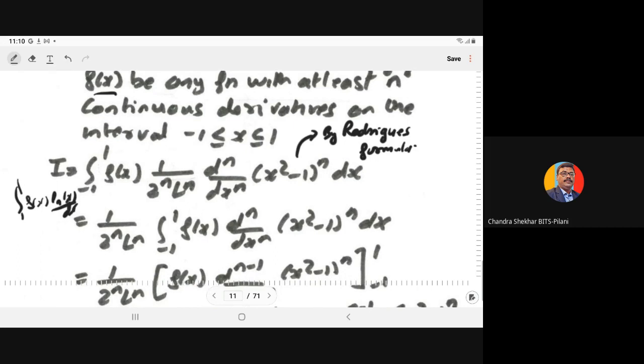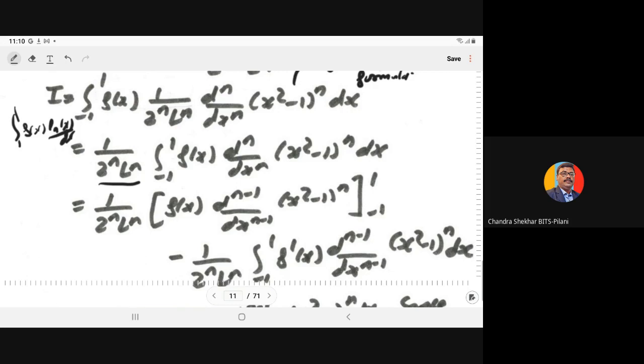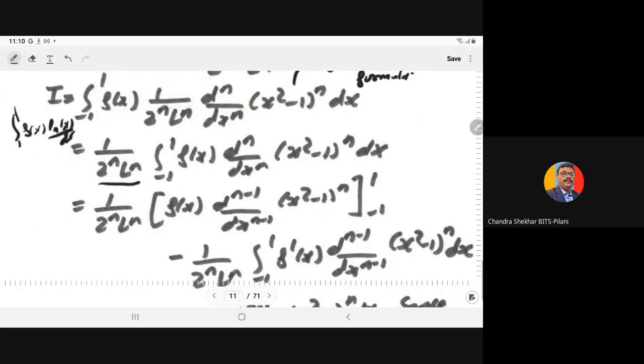Whatever the constant quantity that you have written outside the integral, 1 upon 2^n n factorial, times the integral from -1 to 1 of f(x) d^n/dx^n (x^2 - 1)^n dx. Now what is the by-parts integration? First function as it is.